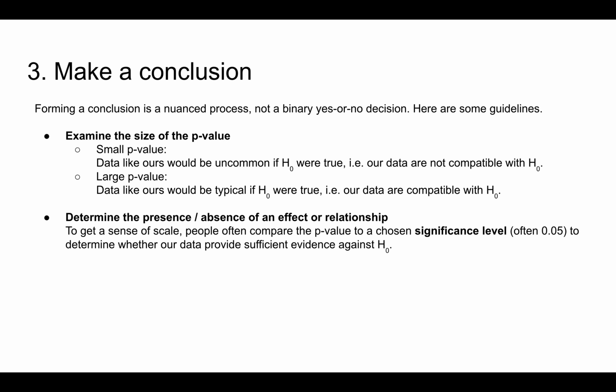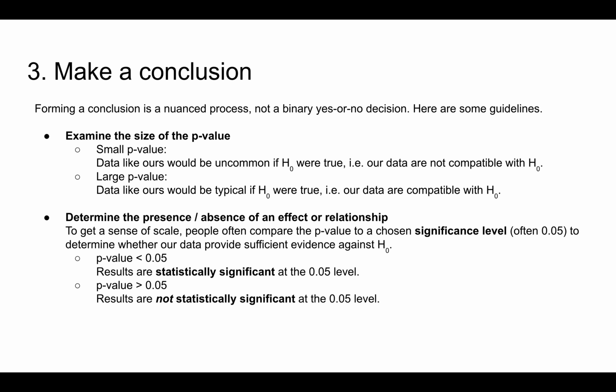For example, if our p-value is small enough that it falls below the 0.05 threshold, we can say that our results are statistically significant at the 0.05 level. In contrast, if our p-value lies above this threshold, or our data isn't that incompatible with the null hypothesis, our results are not statistically significant at the 0.05 level.